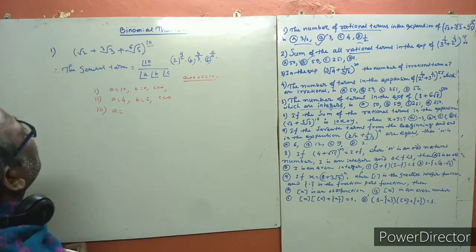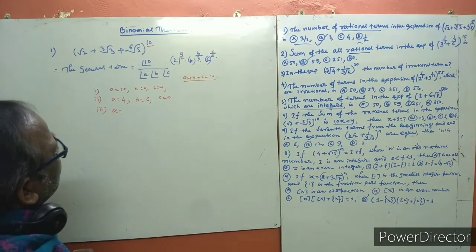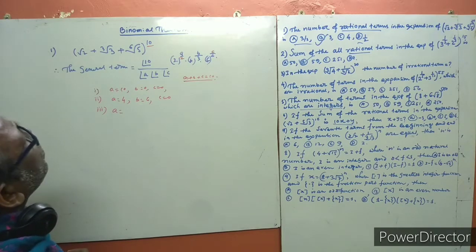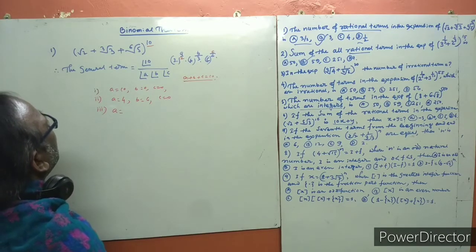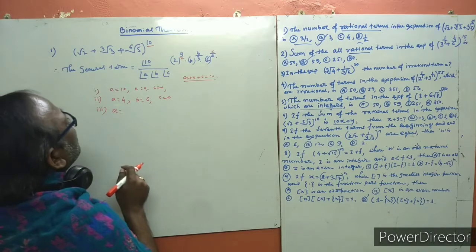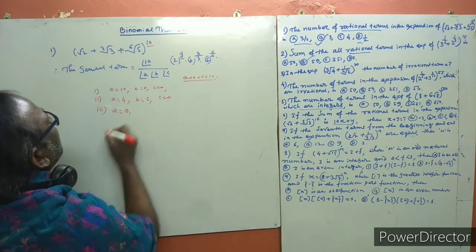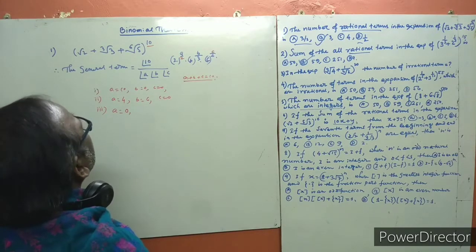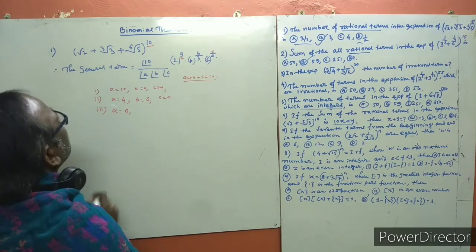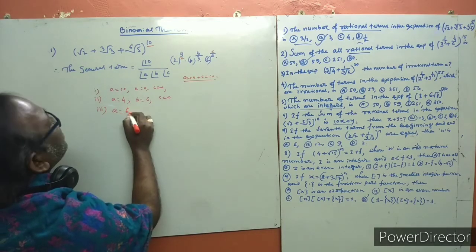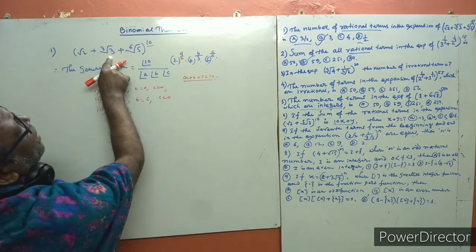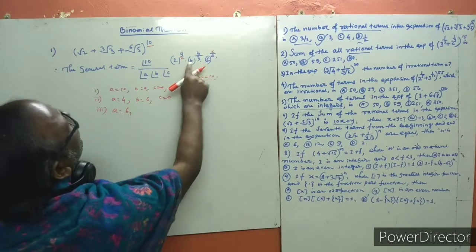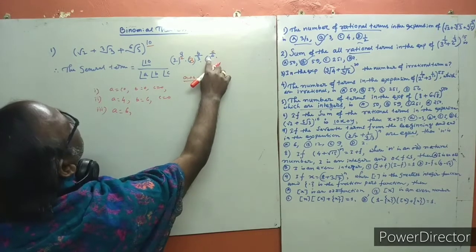if we take A equal to 6, and B is 6, so A equal to 6. This is 3 and this is 5.